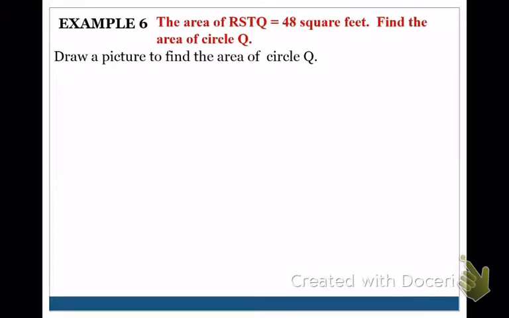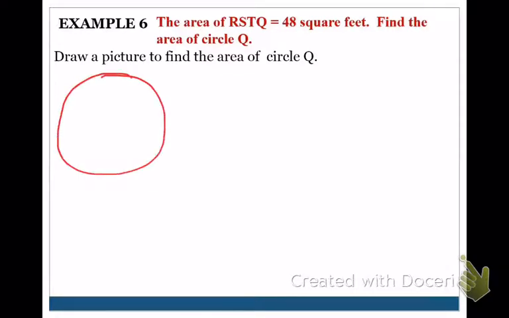And now you try. The area of quadrilateral RSTQ is 48 square feet. Find the area of circle Q. All right, so you know what? That's not parallelogram or quadrilateral RSTQ. That's supposed to be the sector.